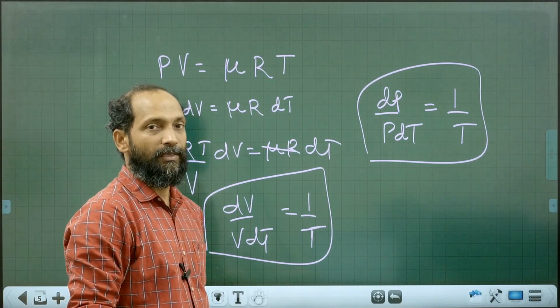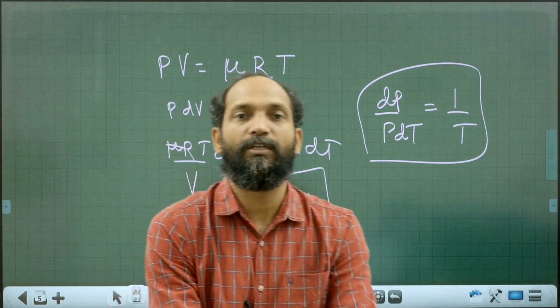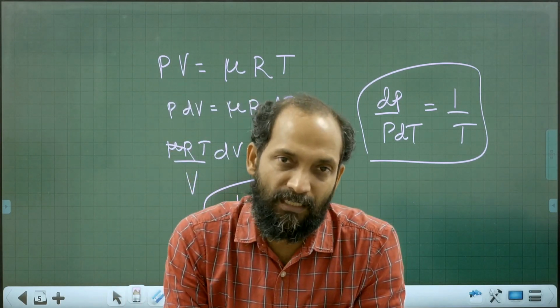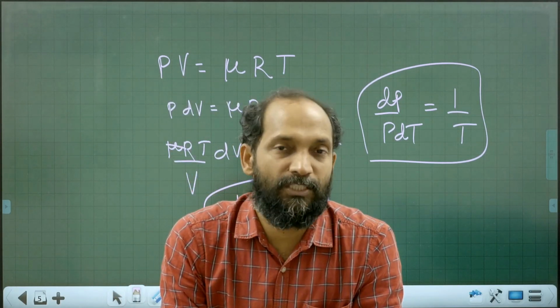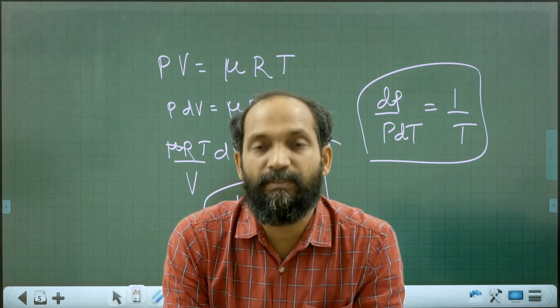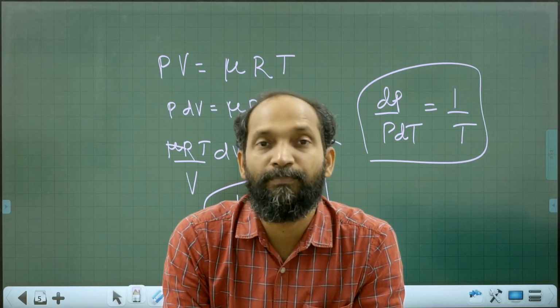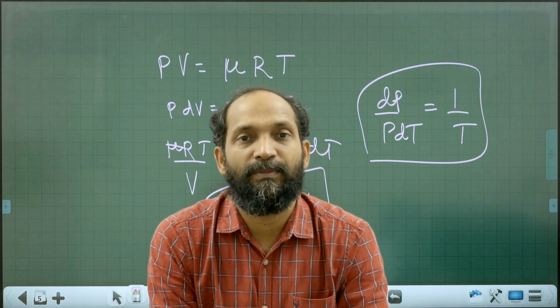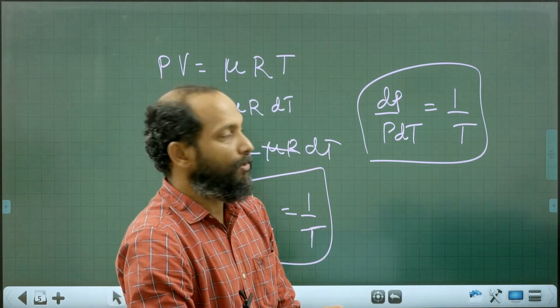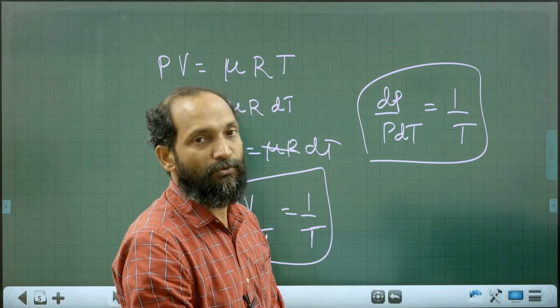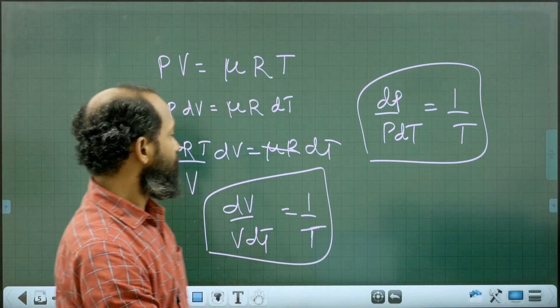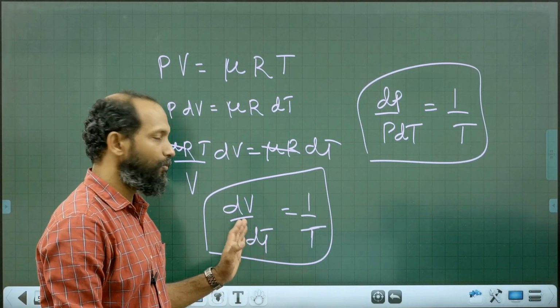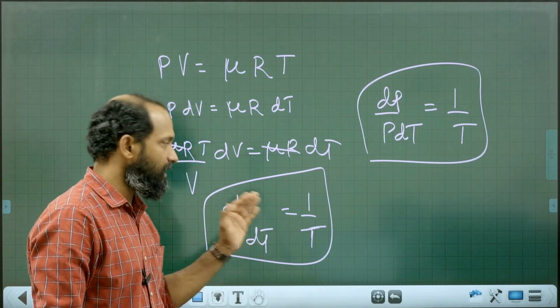These are equal. So pressure expansivity and volume expansivity of ideal gas are the same. That's very important. Keep it noted. What is the graph showing the variation of volume expansivity and temperature?